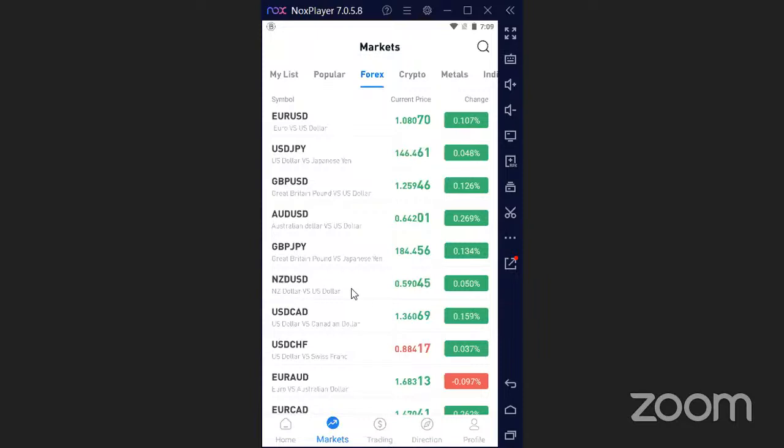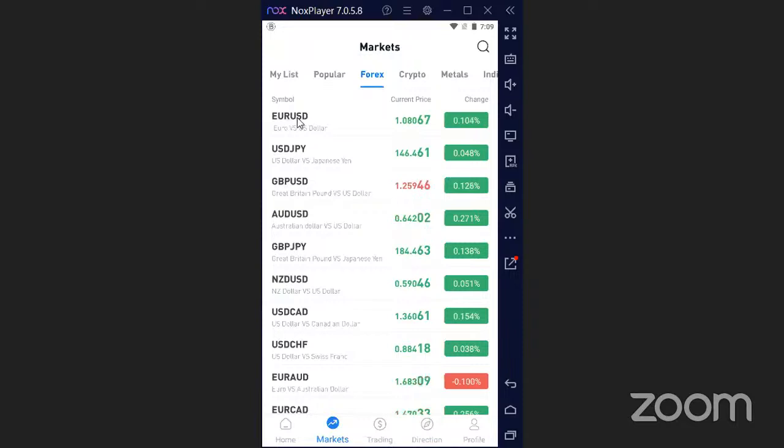Now, how do you trade the major currencies? In major currencies we have what we call the major pairs. If you look at this example right here, they are both major currencies, right? We have the euro and then we have the USD.